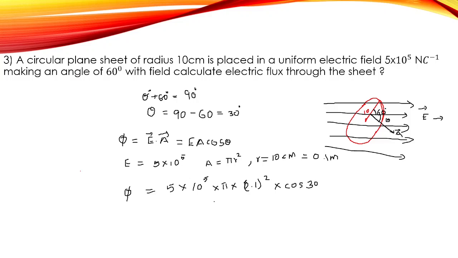Now let's apply this whole value. Let's put all the values: 5 into 10 raised to 5, pi is 3.14, into 0.1 square is 0.01, into cos 30 is root 3 by 2.